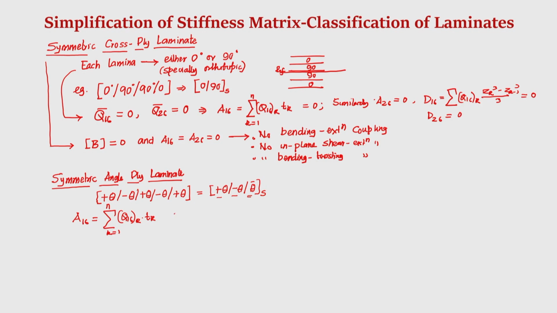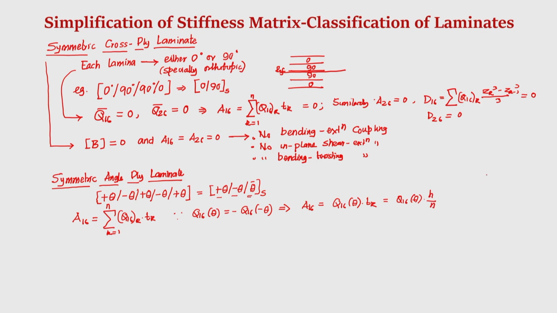Since Q16 theta is equal to minus Q16 minus theta, all these plus theta minus theta pairs cancel out, and it remains with only Q16 theta into Tk for only one layer. So, this could be written as Q16 theta into H by n.